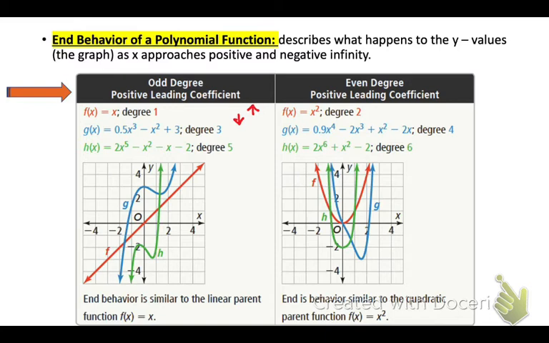Did it start down and end up? Yes. It's end behavior. So I'm talking about what's happening on the right. Odd degree, positive leading coefficient. So it's positive, so it's going to end up, so it had to start where? Down. Clear what happened there? Okay, everyone done writing that? Yeah.